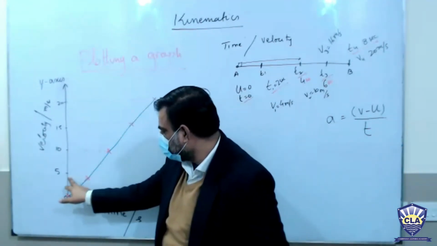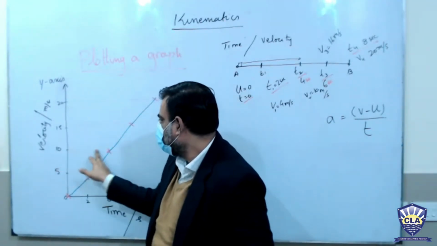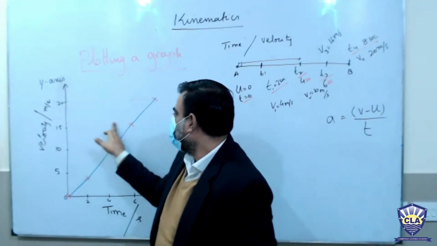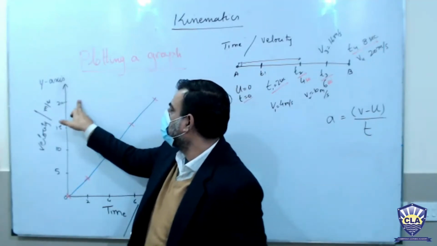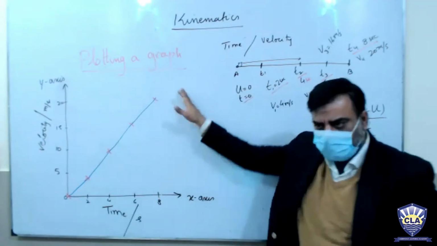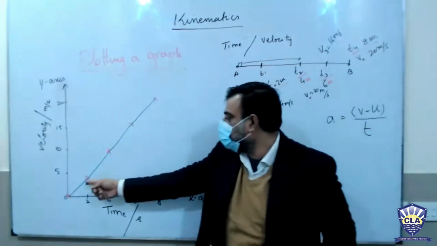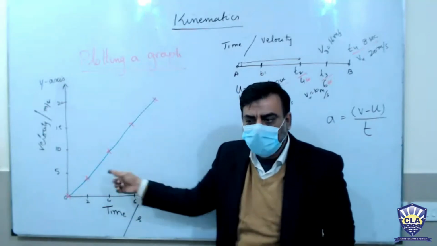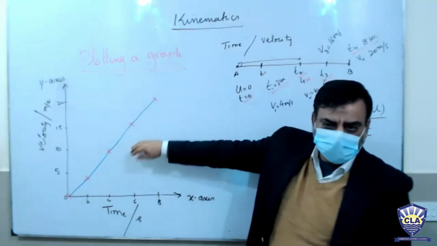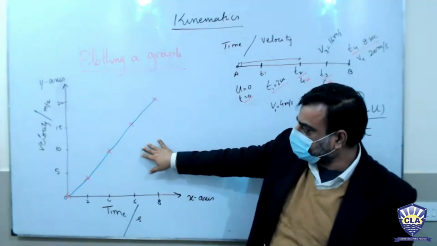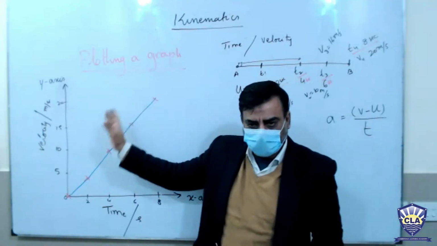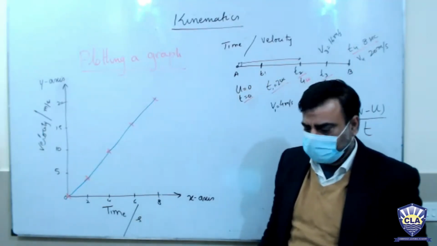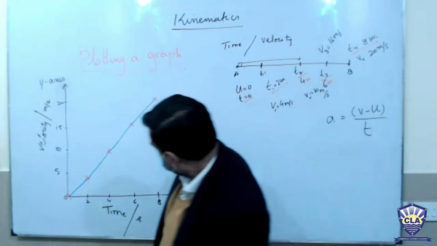Even if you make them there is no harm, but on your graph paper we have the printed lines so that you can easily make the entire thing. So this curve, although it is a straight line, in terms of graph we call it a curve. So this line or curve represents the relationship between velocity and time.